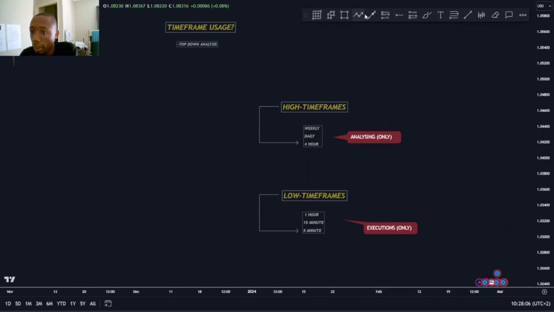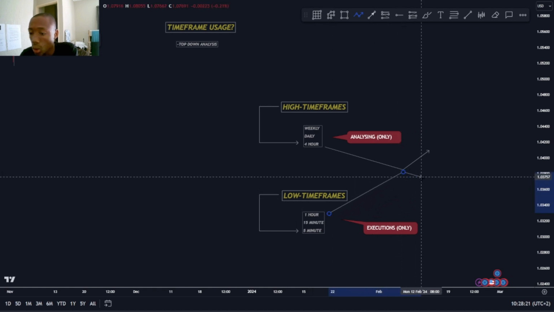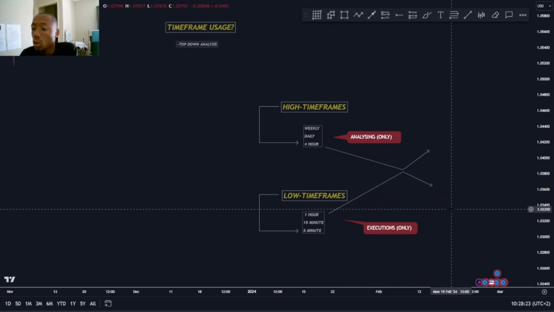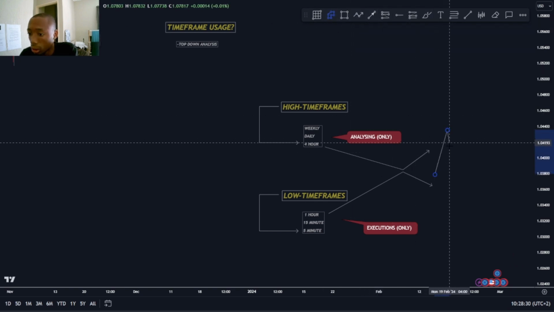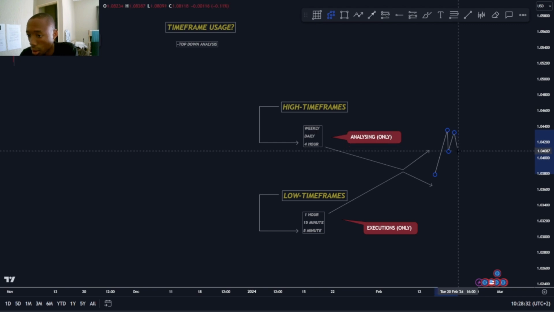So let's say it happens that probably the 4 hour is forming probably a pattern that I would take on the 1 hour, right? So let's say the pattern is a three touch structure, right?